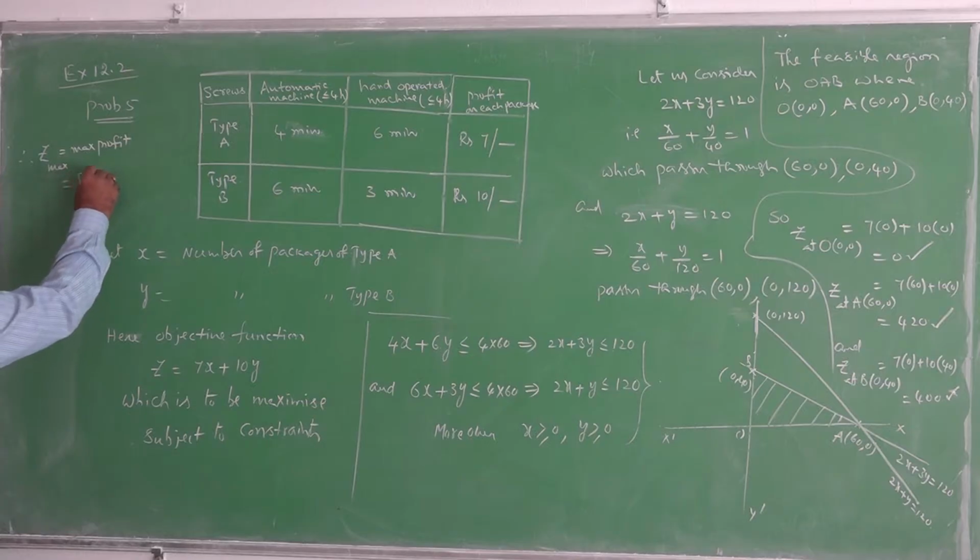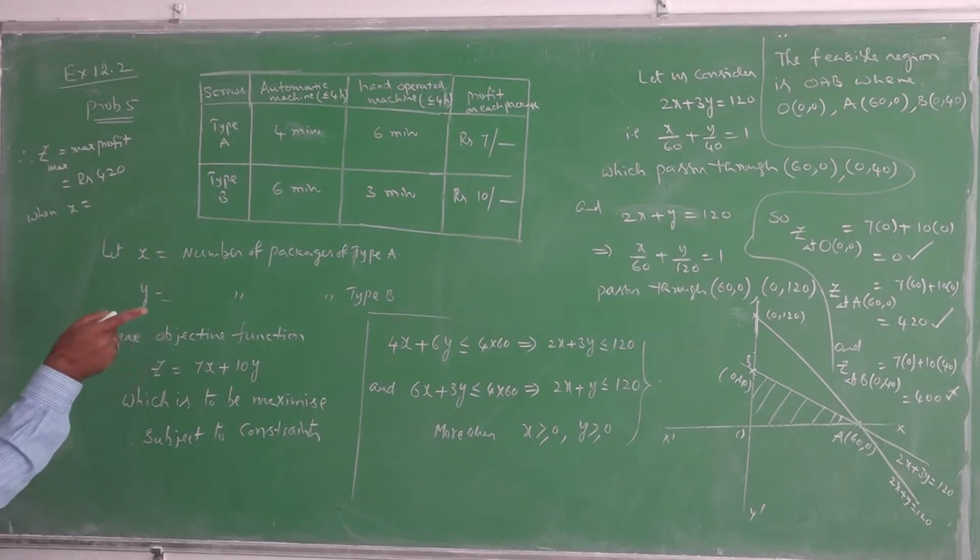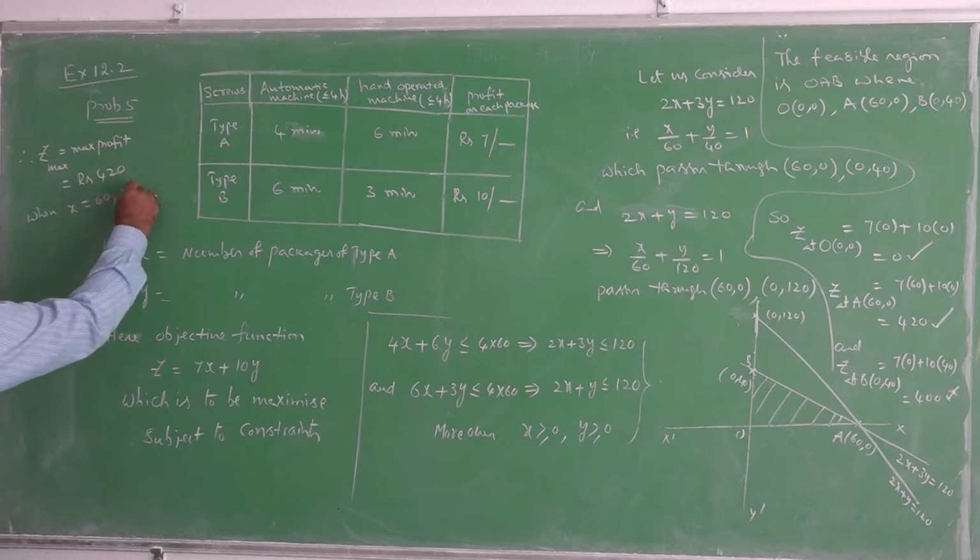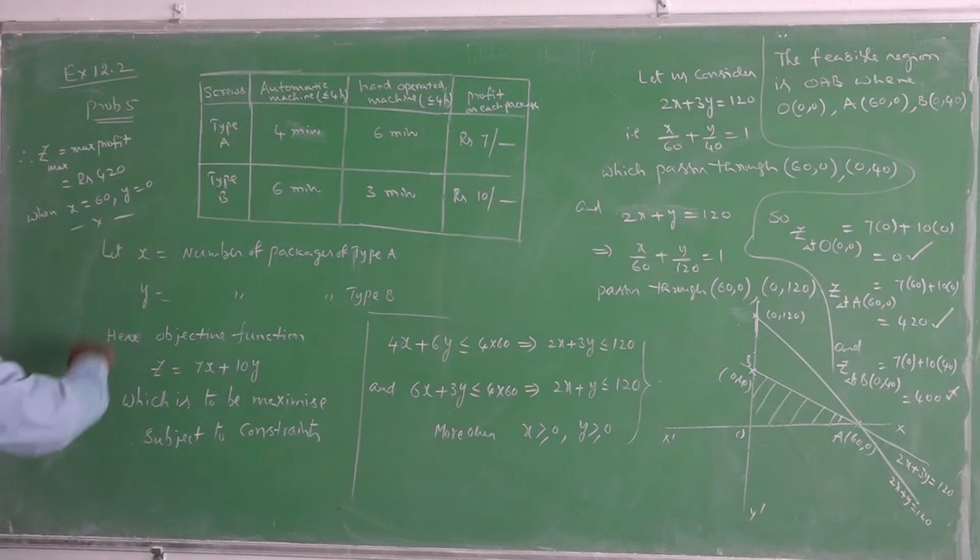This is obtained for x equal to 60, y equal to 0. That means the number of packages of type A must be 60 here, and the number of packages of type B to be 0 here, to maximize the profit.